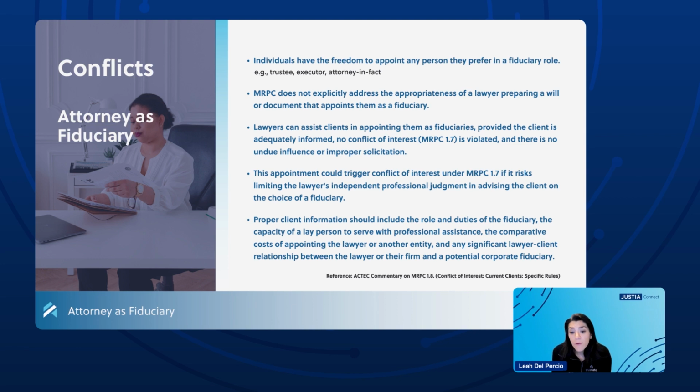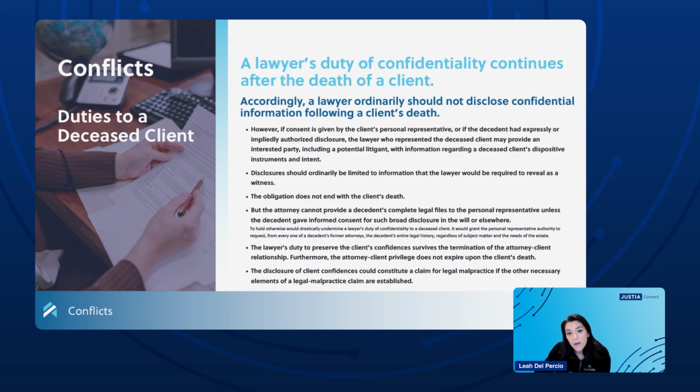Tell them how lay people can serve with professional assistance. That person that they want to name, their nephew or niece, can hire you as the lawyer to deal with some of the hairy parts. And then give them the comparative costs of appointing a lawyer or a trust company, or any significant lawyer-client relationship between the lawyer, their firm, or any potential corporate fiduciary. So, just important things to note.